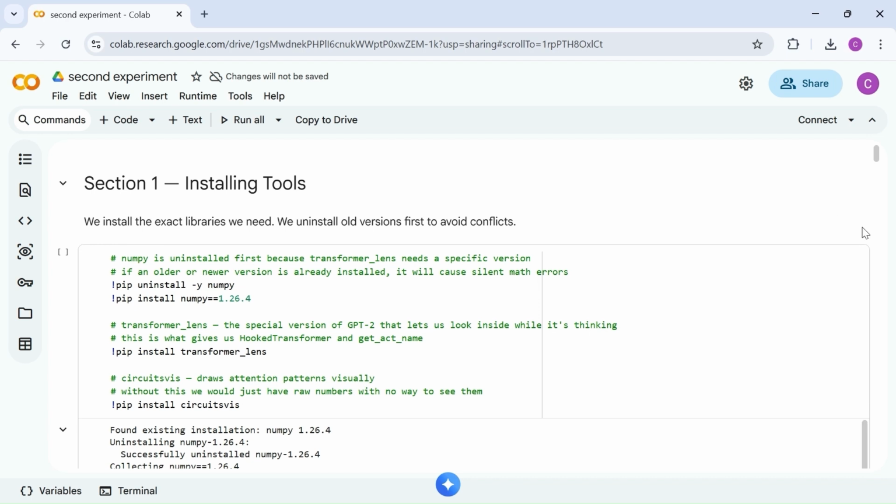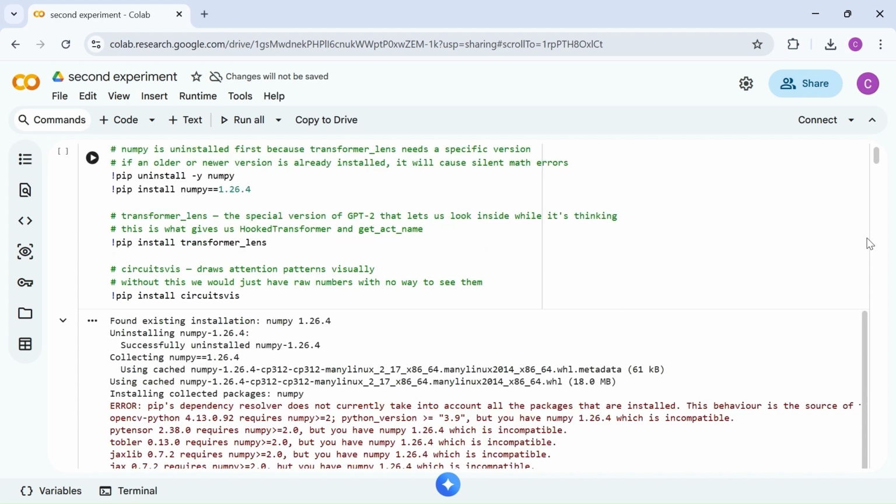In section 1, we will just be installing our basic libraries and tools that we require for running this. So here the important library is TransformerLens. TransformerLens is the library that allows us to look inside GPT-2 while it is thinking. Normally, GPT-2 is a black box.